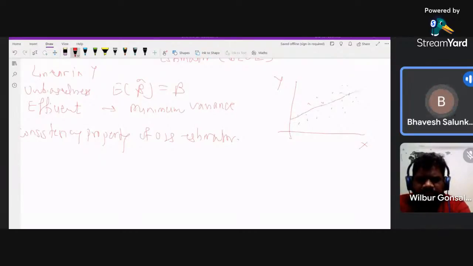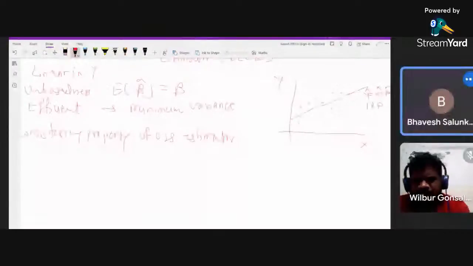Now fitting this line is nothing but estimating alpha and beta in the population regression function and calculating Y hat equal to alpha hat plus beta hat xi. So this is our sample regression function. On the basis of the sample, we have done that. Now here, you see that for a given level of income, say 1,000, the predicted consumption expenditure is Y hat from our model.